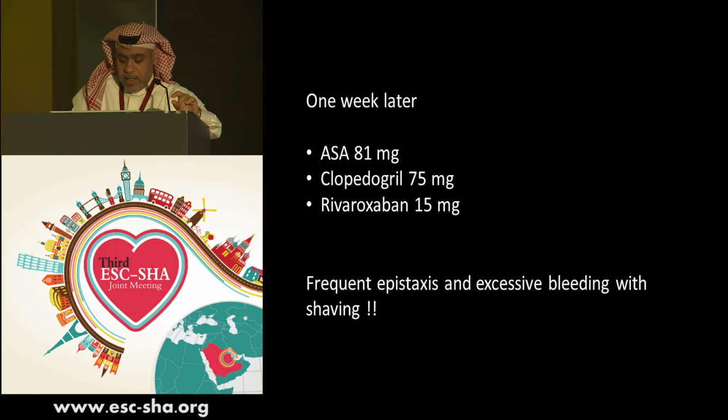Now, I decided that I will keep him on this, on the clopidogrel and the rivaroxaban for a year. Then I will stop the rivaroxaban. However, adding aspirin to an anticoagulant will increase the risk of bleeding by 50 to 60%.